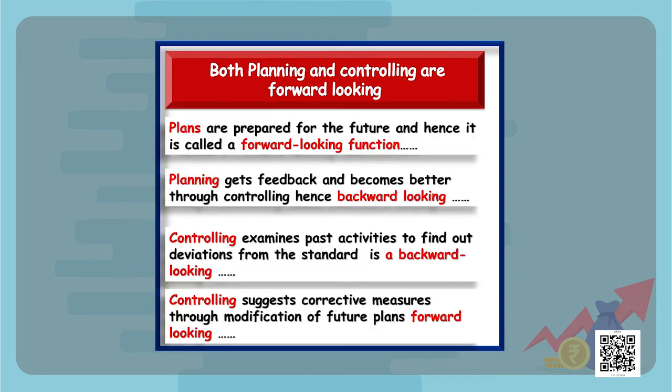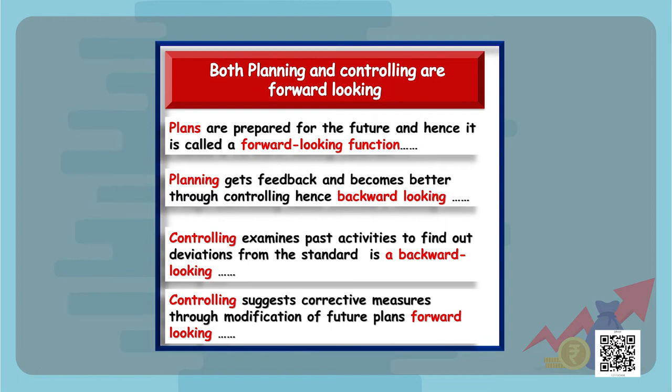Then we have planning and controlling are both forward looking and backward looking functions. Plans are prepared for the future, hence it is called a forward looking function, whereas planning gets feedback and becomes better day by day for the future, hence it is a backward looking function.